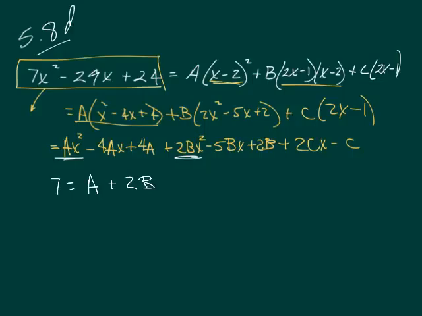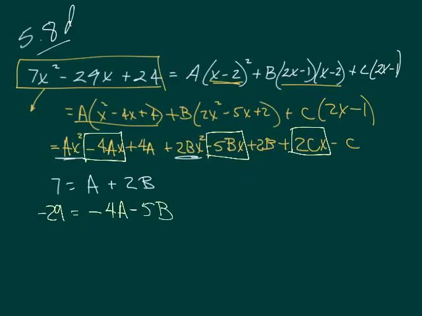So I'm going to write that as 7 equals a plus 2b. Following that same line of thought, negative 29 is going to equal whatever has 1x: negative 4a minus 5b plus 2c.